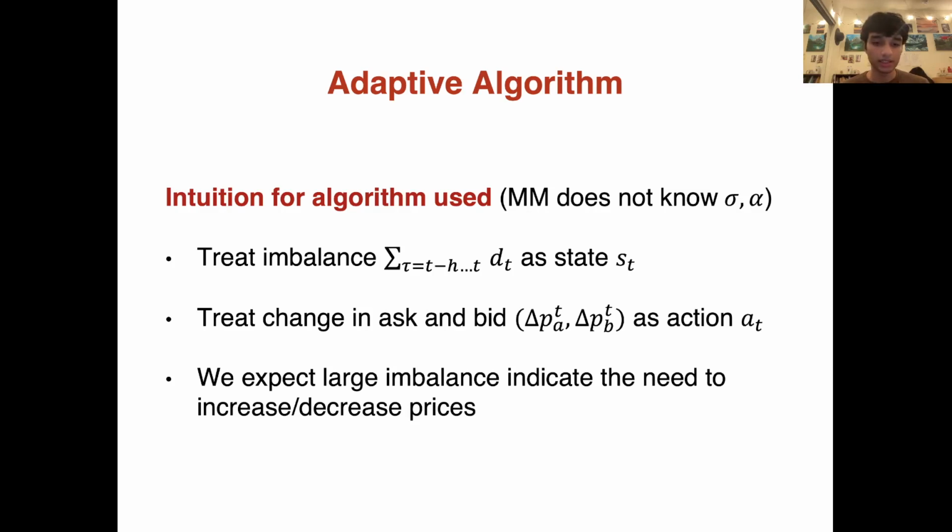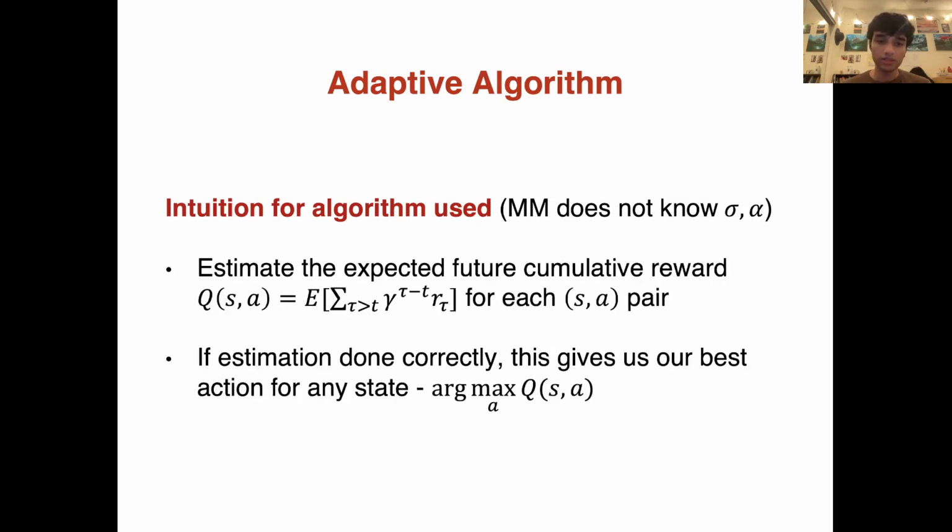We treat the imbalance, that is the sum of the trades in the recent past, as the state S_T. We treat the change in the ask and bid prices as the action for the agent. We expect large imbalance to indicate the need to increase or decrease price in an appropriate direction. The goal of each agent is to estimate the expected future cumulative reward as defined here, and it needs to do that for each pair of state and action.